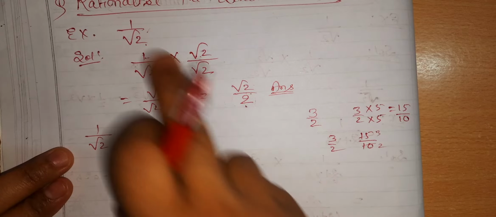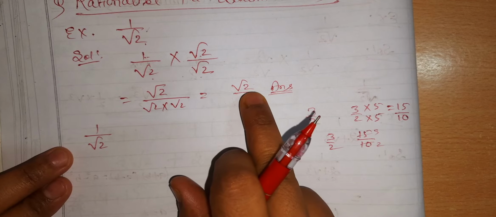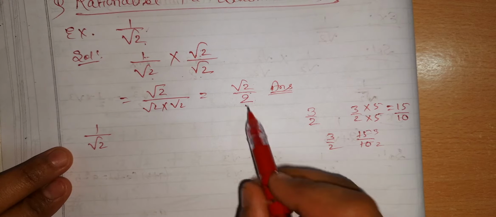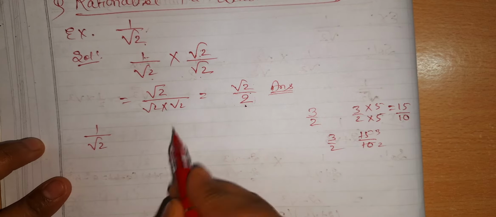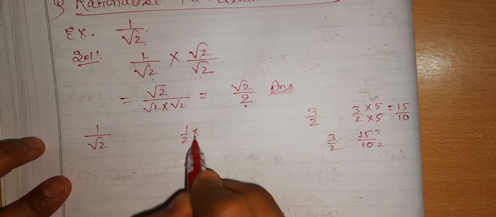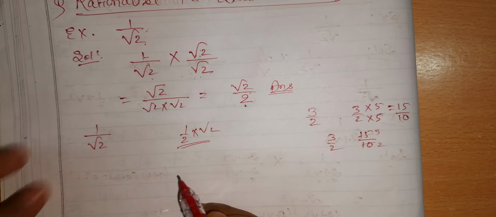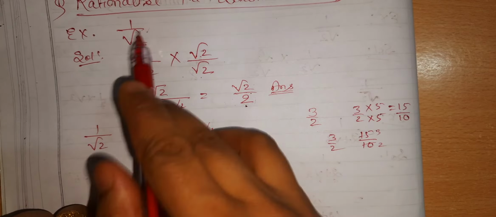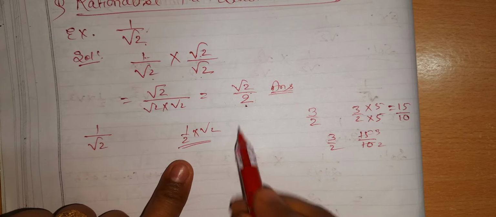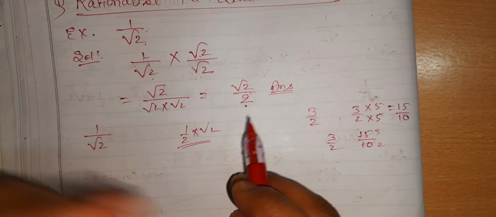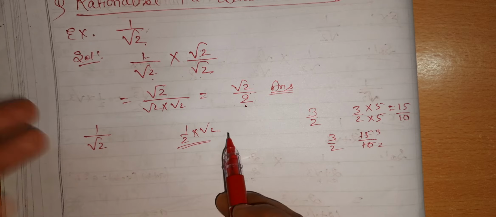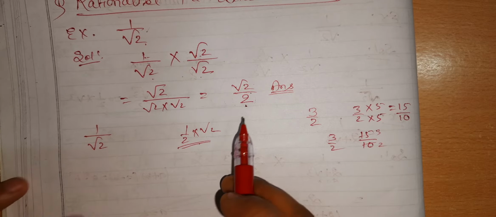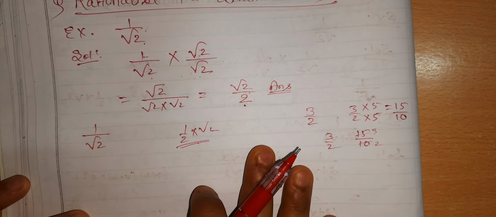So after rationalization, we get 2 in the denominator, and this 2 is a rational number. So now we have root 2 by 2, or half of root 2. So now we can say that this 1 by root 2 is halfway between 0 and root 2, it means it lies between 0 and root 2. That is why we rationalize the denominator.